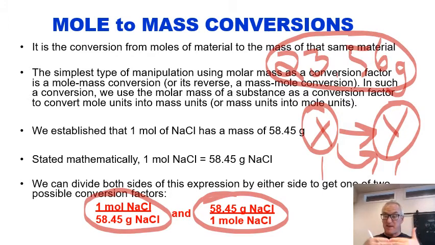They're the same thing. So we can have them above or below, depending on whether we want to convert grams to moles or we want to convert moles to grams. Each is exactly equal to the other. So we'll use one when we need to convert grams to moles, and we'll use the other when we need to convert moles to grams, okay?